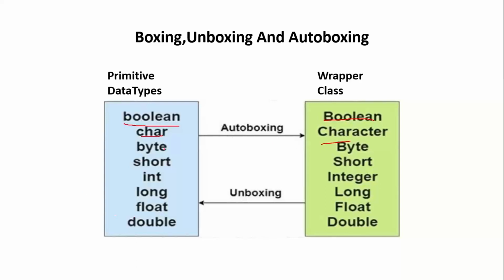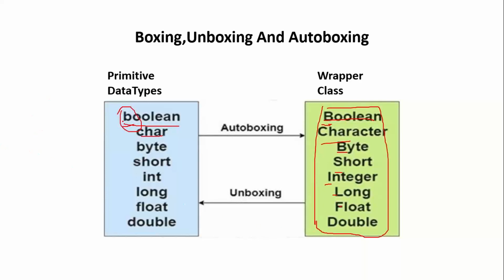See, everything is the same. The only thing is you have to observe the difference: the first letter is a small letter for primitive data types, and the first letter is a capital letter for a class. These are classes. So all these are wrapper classes, which you can differentiate from the regular data types by the first letters of these names.